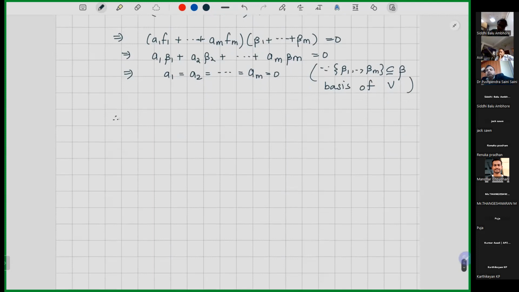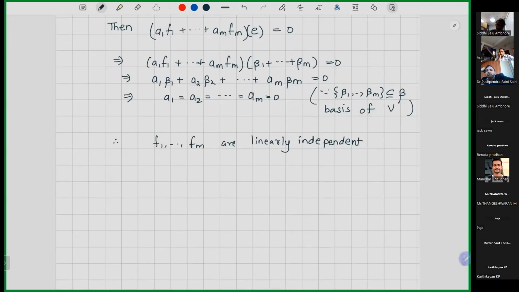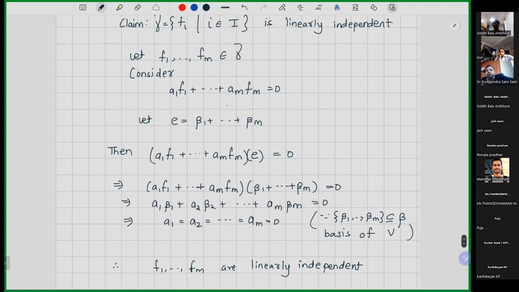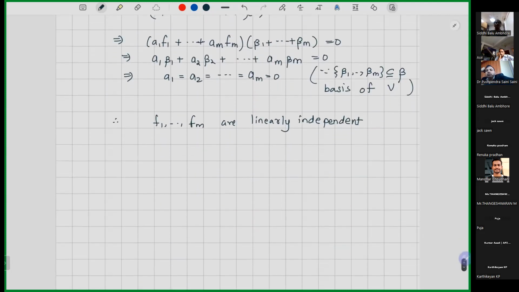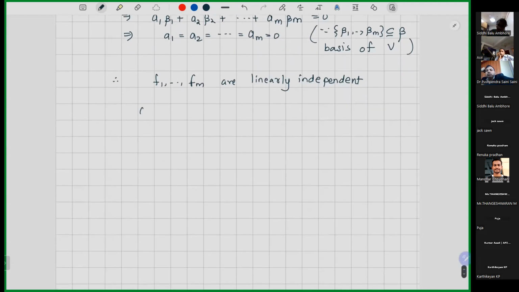Therefore F1 to Fm are linearly independent, because we started with a linear combination of F1 to Fm and got that all the corresponding coefficients are 0. Therefore my gamma is a linearly independent set.